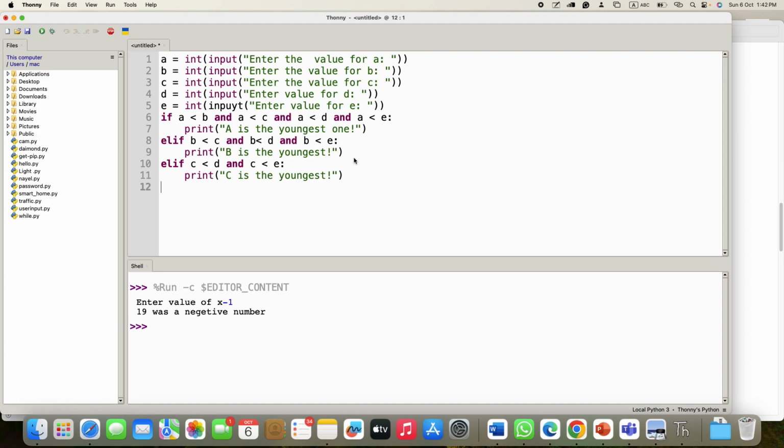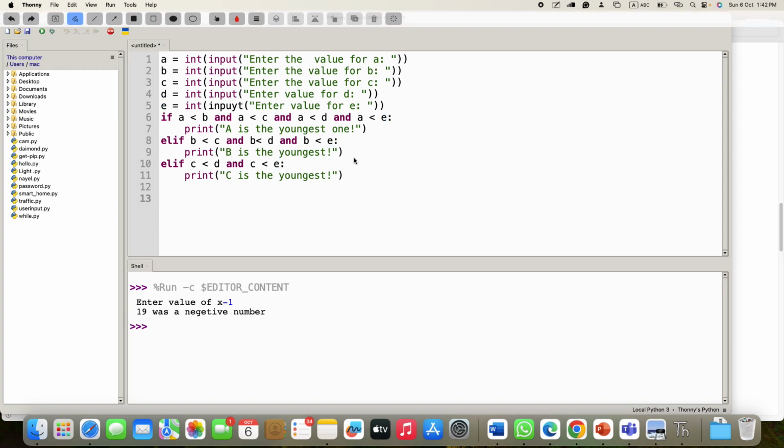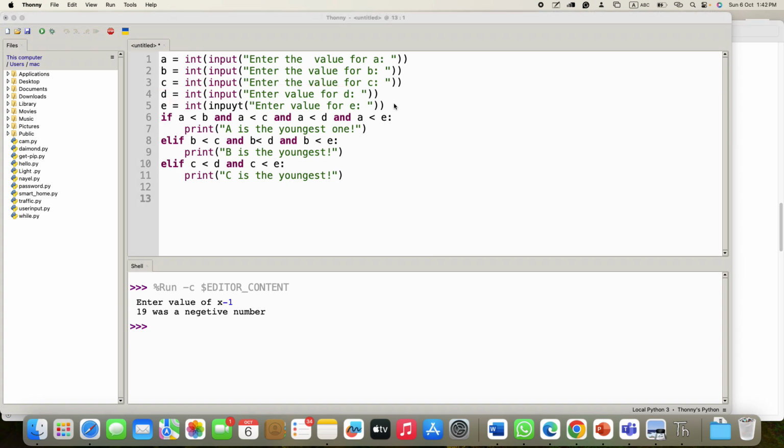Got it? And finally, if that is not the case, then what do we have left? D and E. So we can forget about everybody else and say elif D is less than E, then we print D is the youngest one.